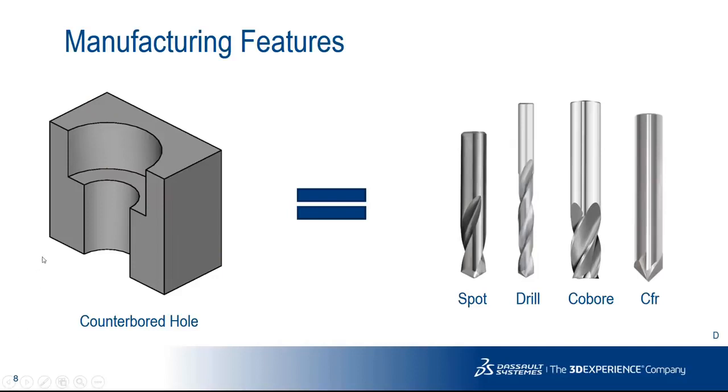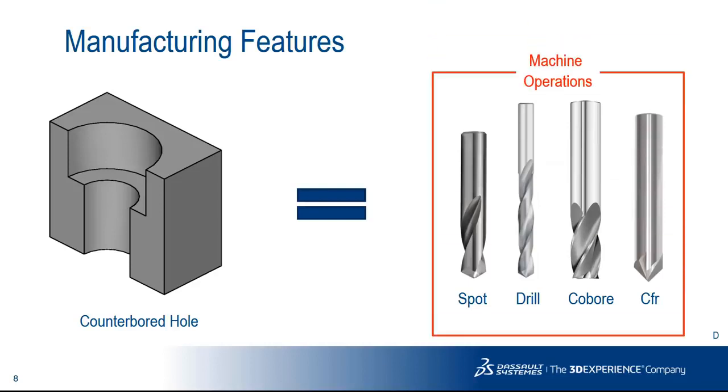Now let's take a deeper look at the nature of manufacturing features. Often a single feature can require multiple tools, and each tool requires a separate and unique machining operation. To complicate matters, the machining strategy can vary with part material changes or even when run on different machine tools.